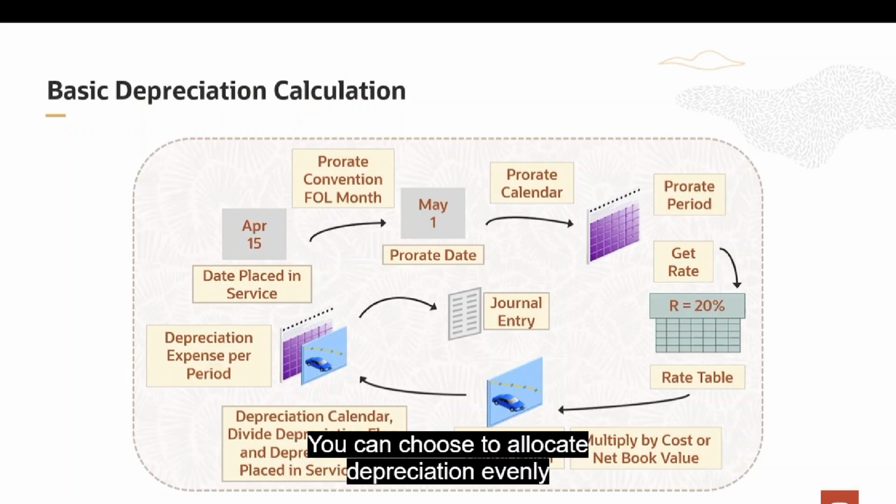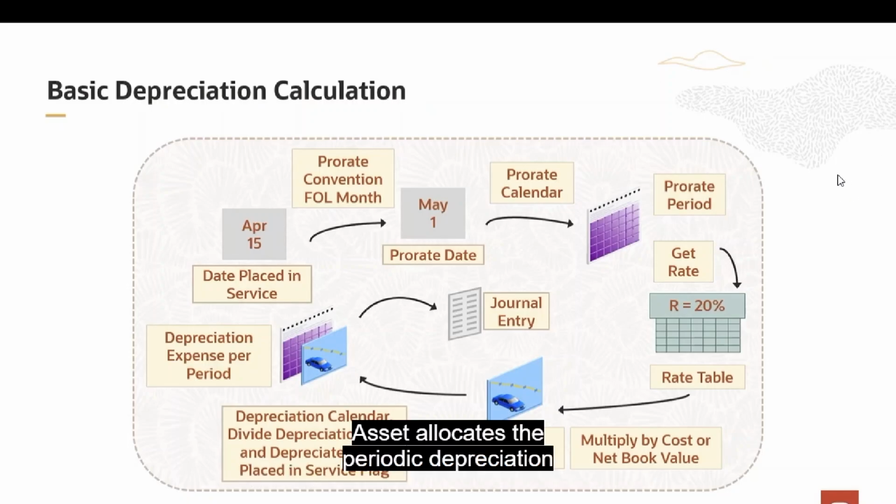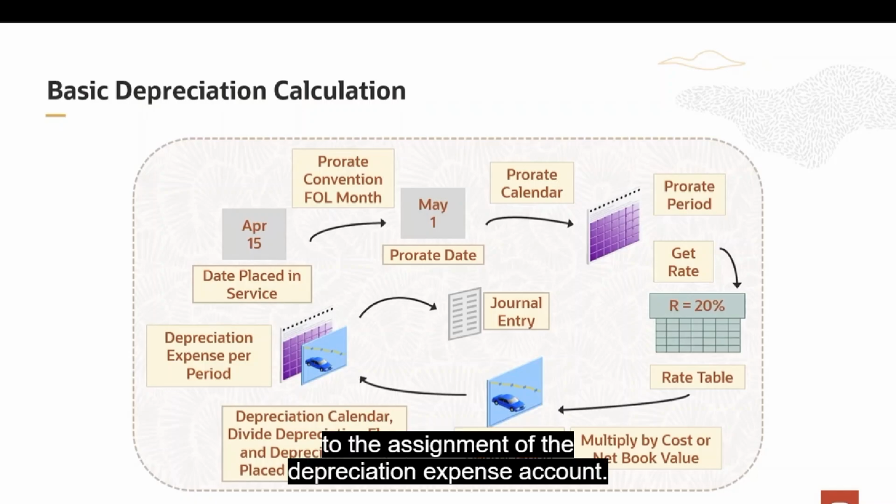You can choose to allocate depreciation evenly to each of your accounting periods or according to the number of days in each period. Asset allocates the periodic depreciation to the assignment of the depreciation expense account.